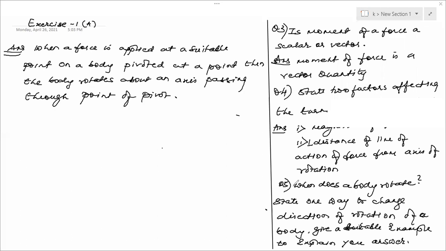Okay, first part of the question. When does a body rotate? When a force is applied at a suitable point on a body pivoted at a point, then the body rotates about an axis passing through the point of pivot. Now, second part. State one way to change the direction of rotation.